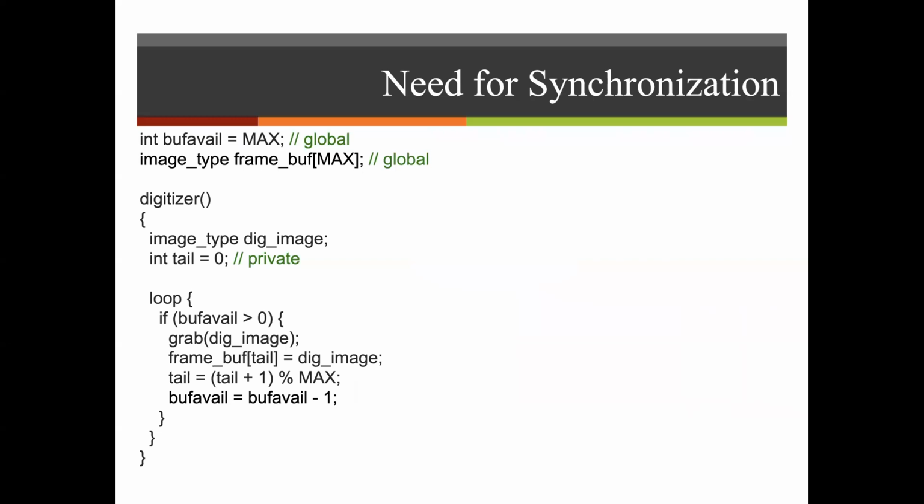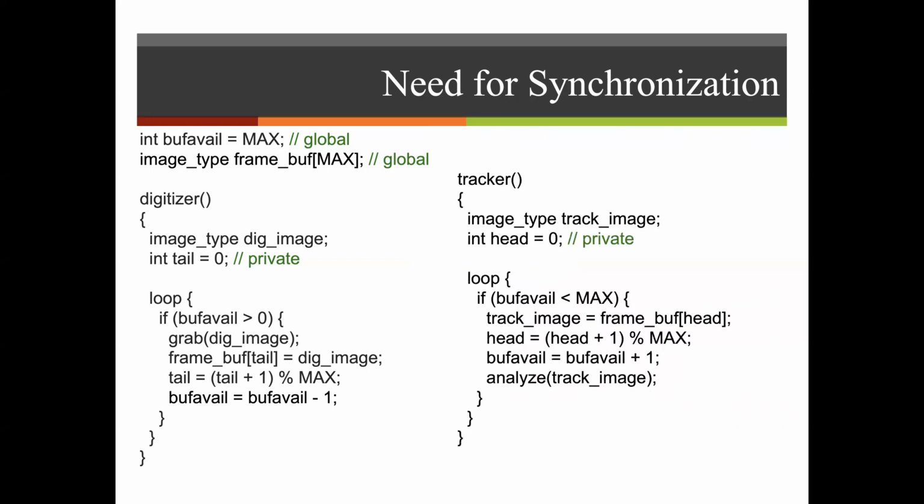And so let's consider the processes that are the program for each one of these components. We have our digitizer that will process a type of image, and then we have our tracker. Each one is making use of buff available to a certain extent.